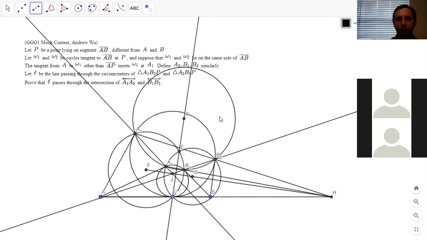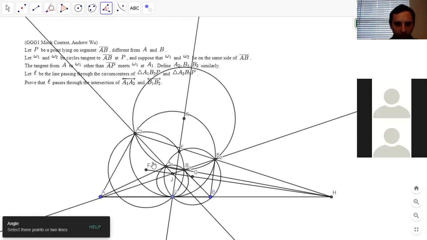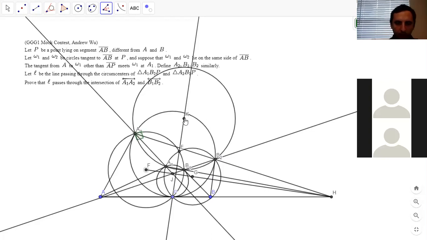This is interesting. If we do the inversion at H, it swaps this circle with that circle, but it fixes this circle. Orthogonal circles are where this angle, FA2K, is 90.